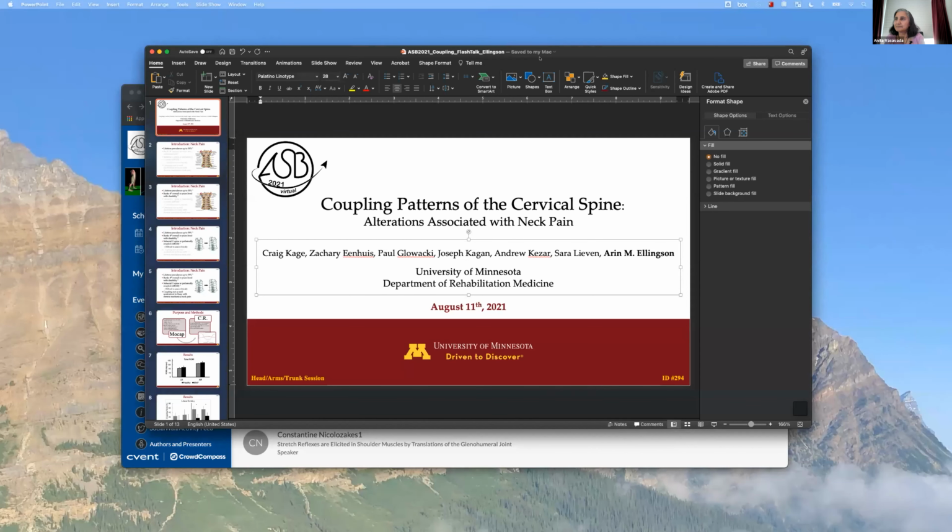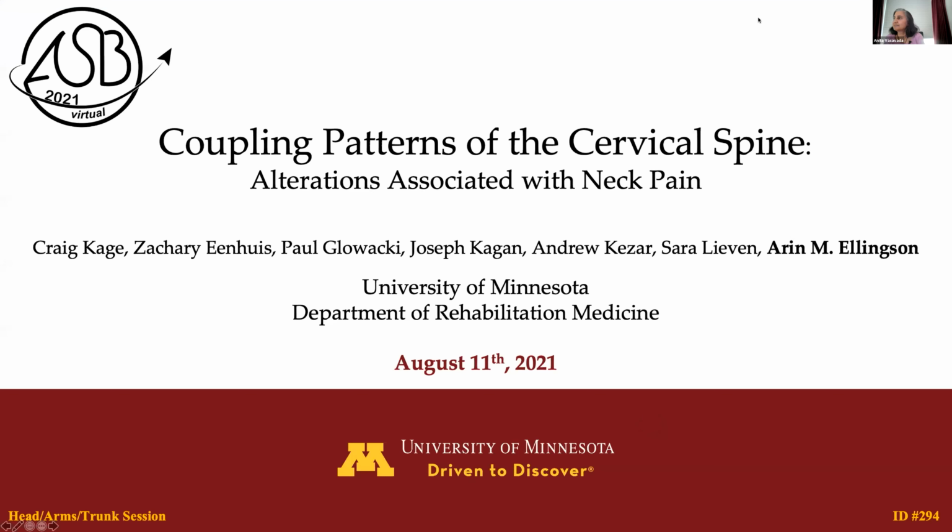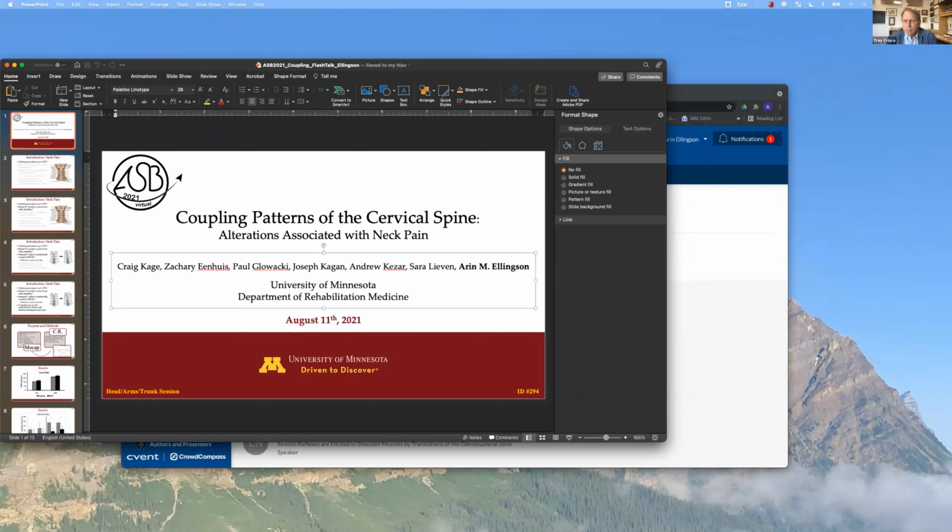So I have coupling patterns of the cervical spine, alterations associated with neck pain, and Erin Ellingson will be giving that presentation. Oh, sorry, Erin, did I mess up your order here? I had a slip. Since you're from the same group, you're okay, right?